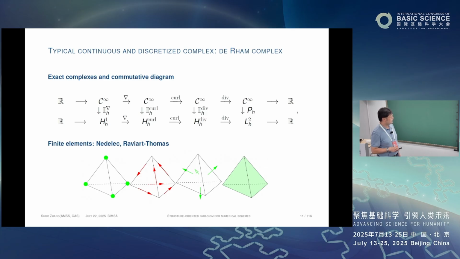And there is the interpolation here, and the interpolation and the complex commute. That is to say, from this direction and from this direction, the results are identical. The space H1 is by this finite element, H curl by this finite element, H div by this, and L2 by this. This is a Nédélec element. This is a Raviart-Thomas element. This is the most famous example.